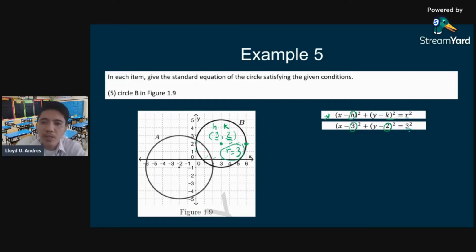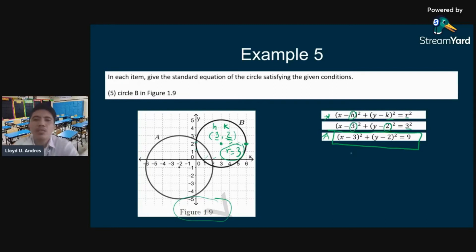Simplifying, 3 squared becomes 9. So the standard equation of circle B in figure 1.9 is the quantity of x minus 3 squared plus the quantity of y minus 2 squared equals 9. So that's example 4.